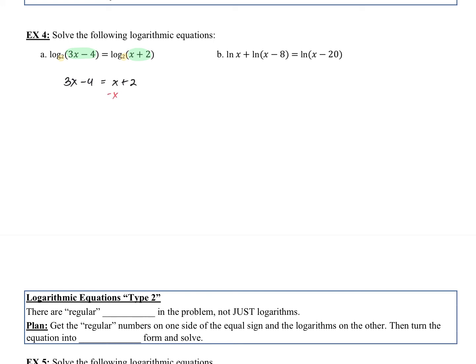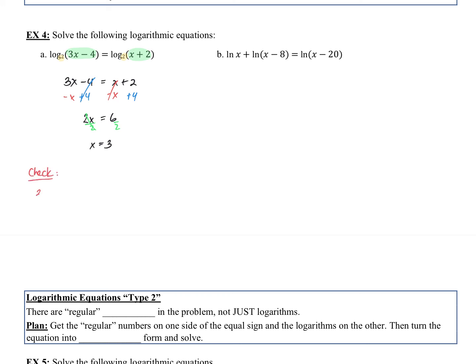3x minus 4 equals x plus 2. Solving for x, we get 2x equals 6, then dividing both sides by 2, we get x equals 3. Now we need to check to make sure that our arguments aren't negative.